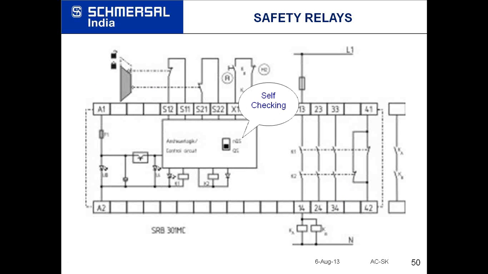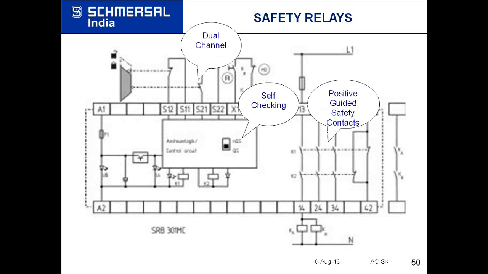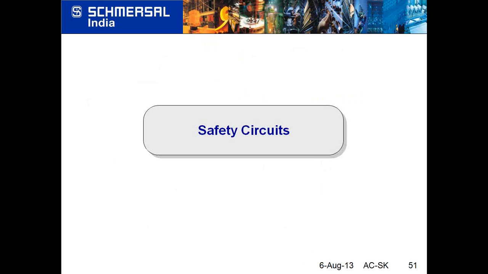I will show you the inputs, outputs, logic differently, but it has self-checking capacity. Then it has dual channel inputs, meaning there is redundancy in the system. And it also has positive guided dual channel contacts. These three things put together make the safety relay control more reliable. I'll skip to safety circuits because I'll be able to explain more about the safety relay capabilities.